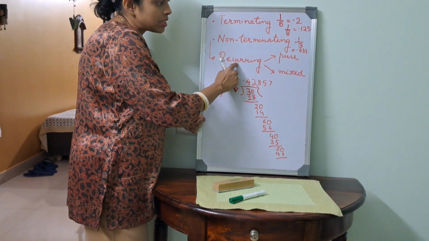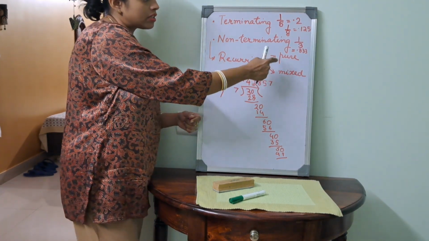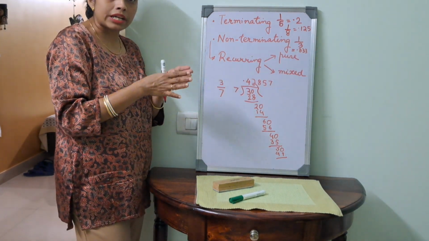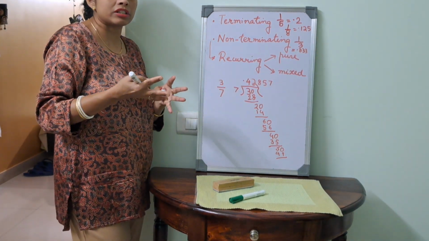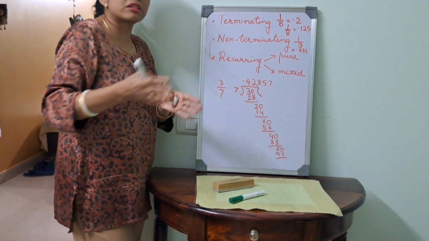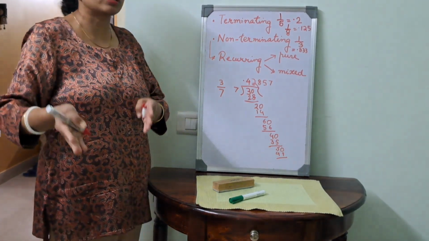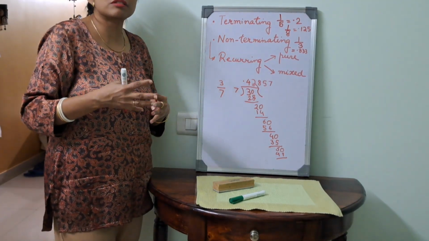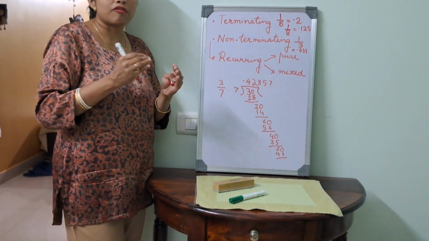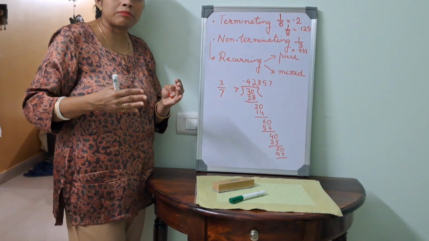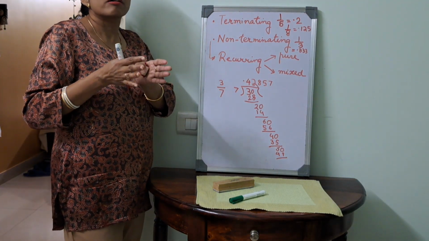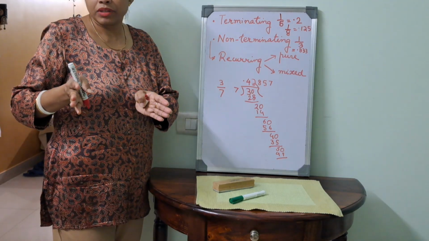Recurring decimals are also of two types. One is pure. Pure means the digits, it can be a single digit or a double digit, repeat themselves. There are only repeating digits after the decimal point. Mixed consists of a few digits which don't repeat themselves, and then digits which are repeating themselves.